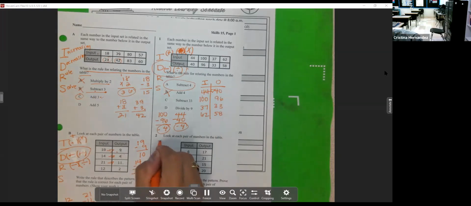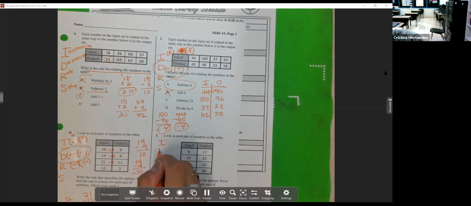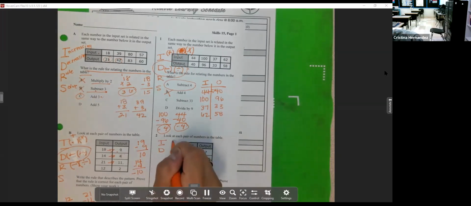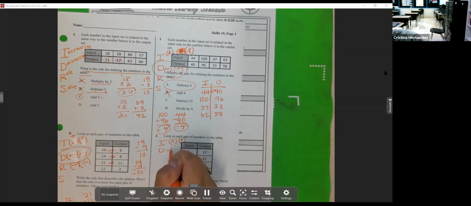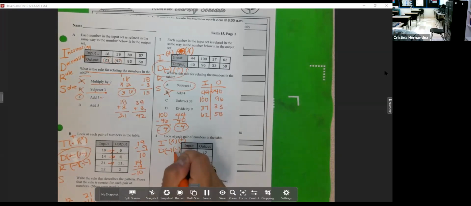So let's use eye doctors again. Increasing is multiplication or adding, subtracting or dividing. So besides Mariah, if we're looking at our input to our output, is the number increasing or decreasing?